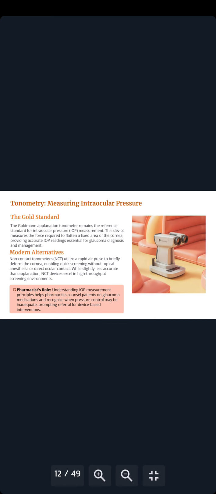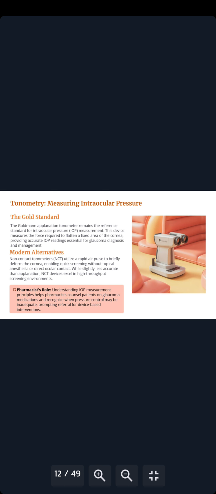Okay, tonometry. Tonometry means measuring intraocular pressure. The gold standard is the Goldmann applanation tonometer. This is the reference standard for IOP measurement, intraocular pressure measurement. So Goldmann is the gold standard.